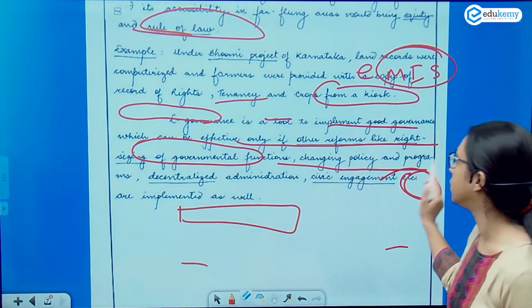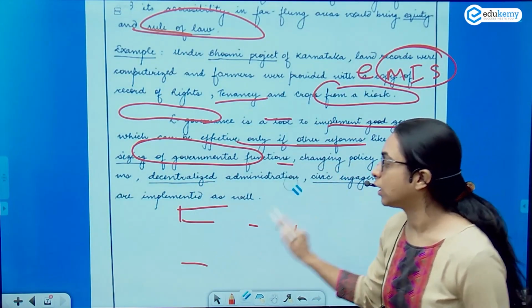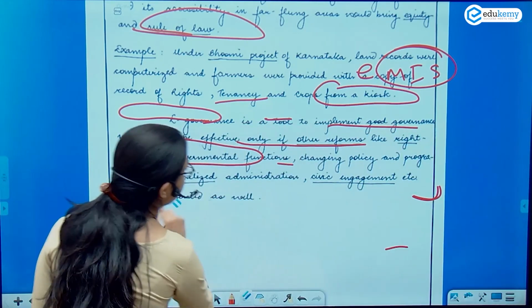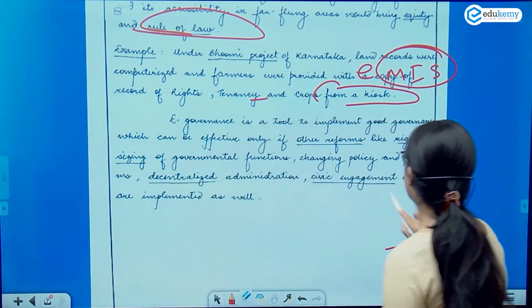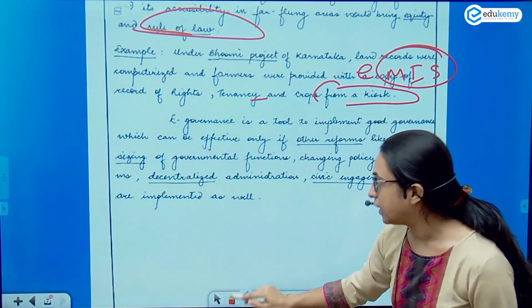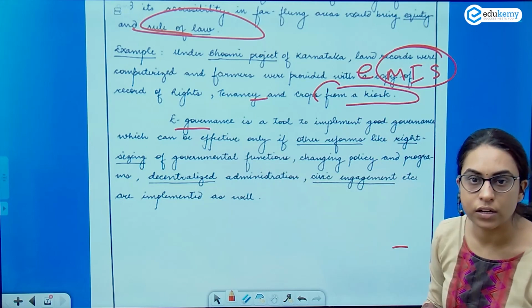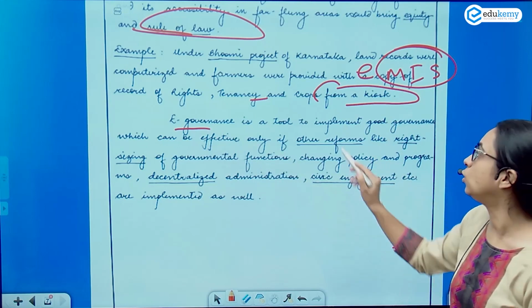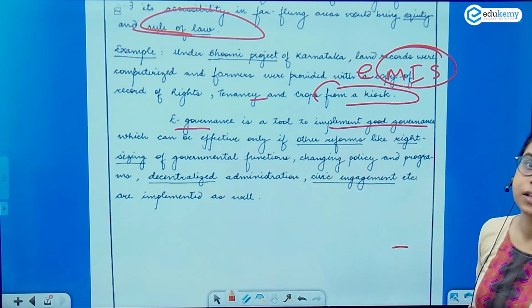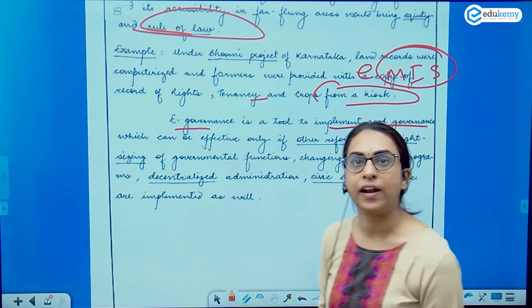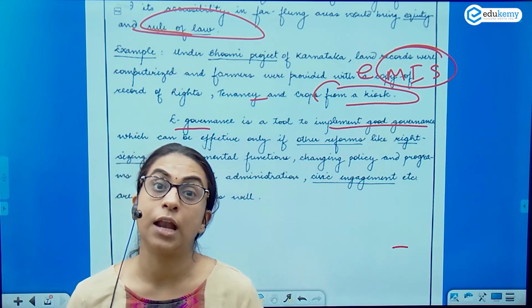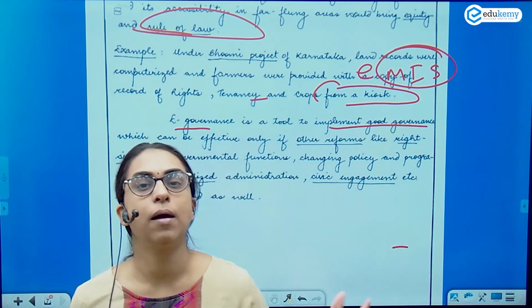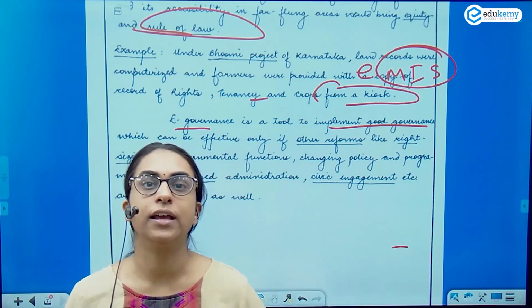In the conclusion, you can write about how good governance is incomplete without e-governance. You can say that e-governance is a tool to implement good governance, and this can be effective. E-governance is promoting good governance, yes, but it can be effective only when the public exercises its rights, the public is proactive.